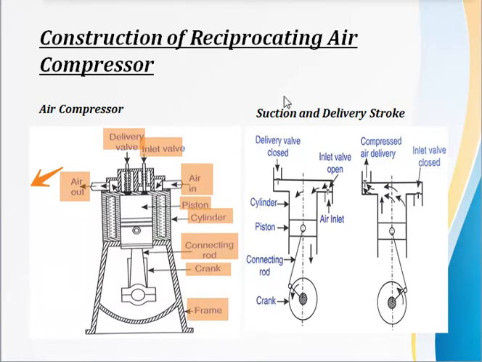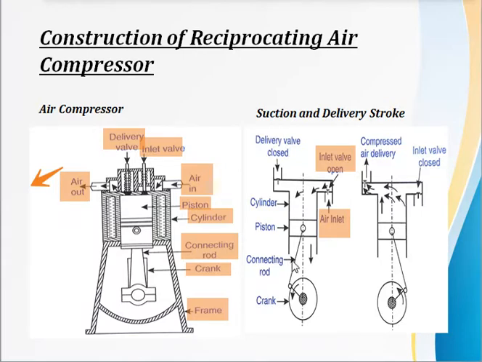Okay. Now suction and delivery stroke. Now what actually happens in the suction stroke? Now in the suction stroke, the inlet valve is open. So air is going in, inlet valve is open. Piston moves from top dead center to bottom dead center.